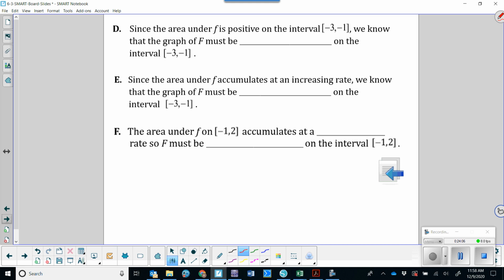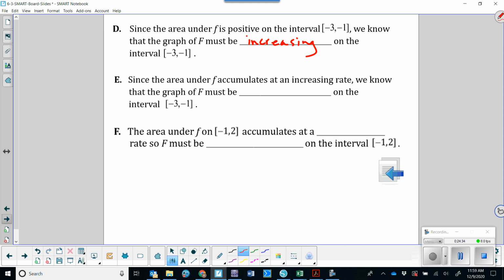So if we know that the area under little f is positive on that interval, then we must know that the graph of capital F must be increasing. Okay, because little f is its derivative, and that accumulated function is all positive. So therefore F must be increasing.